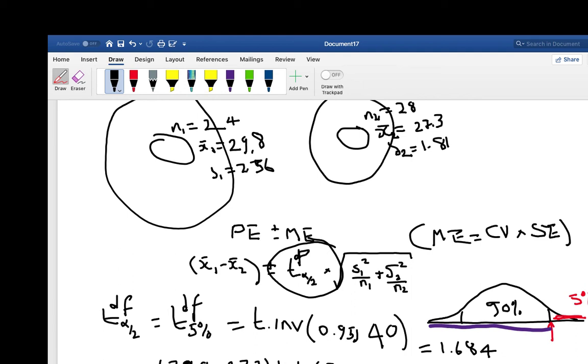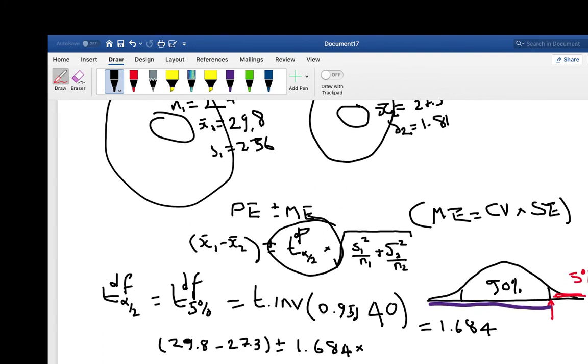The standard error we can work out, but it's that thing I told you about on the Excel spreadsheet when it gave you the standard error.